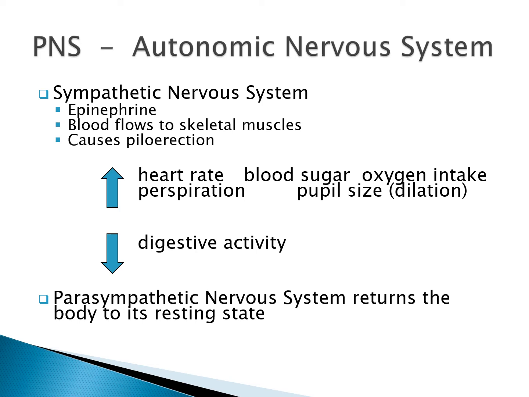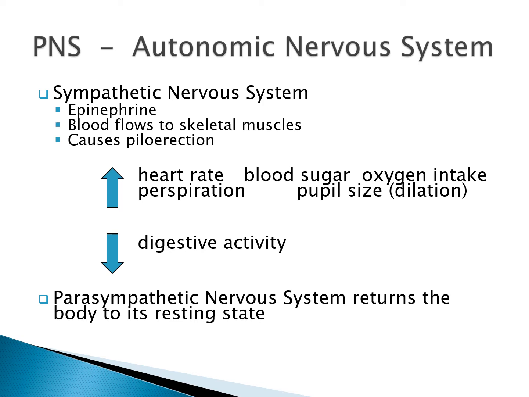In the sympathetic nervous system, we see this linked kind of reaction. Everything's happening at once. We release epinephrine, or adrenaline as it's called. Blood flows to the skeletal muscles. We see piloerection, so the muscles that give us goosebumps are stimulated. We see an increase in many things. Our heart starts racing, we start sweating, we have higher blood sugar, more oxygen intake.